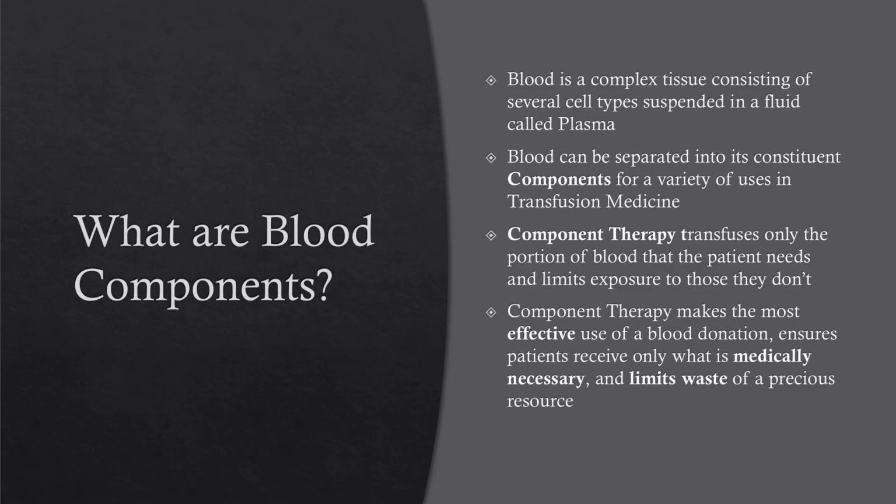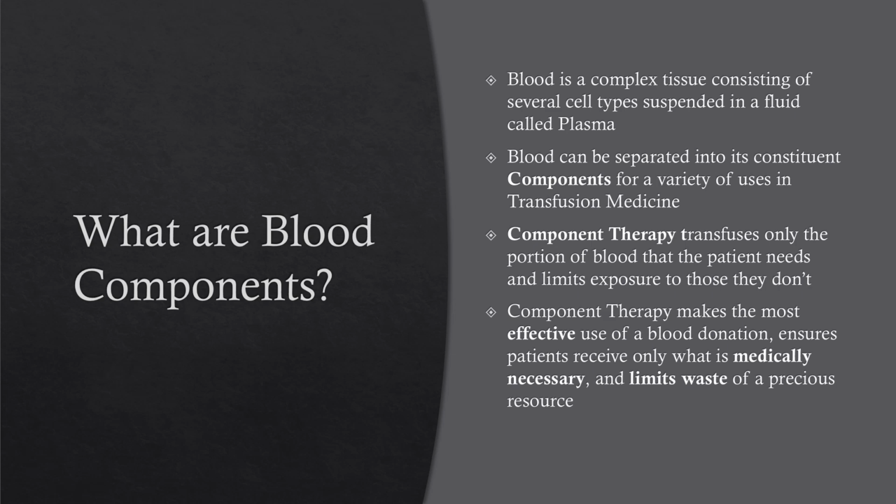We want to take just the portion of blood that a patient needs and give them just that. They don't need the extra fluid or the extra cell types that are not going to be therapeutic for their case.